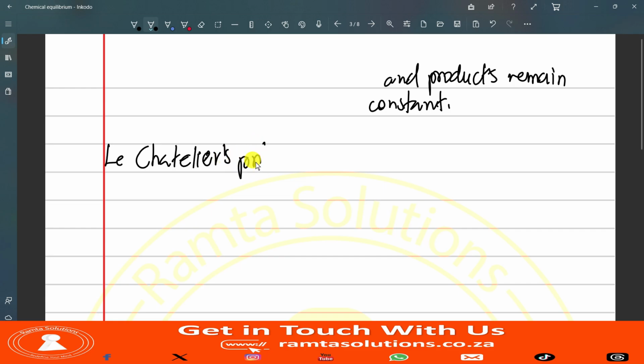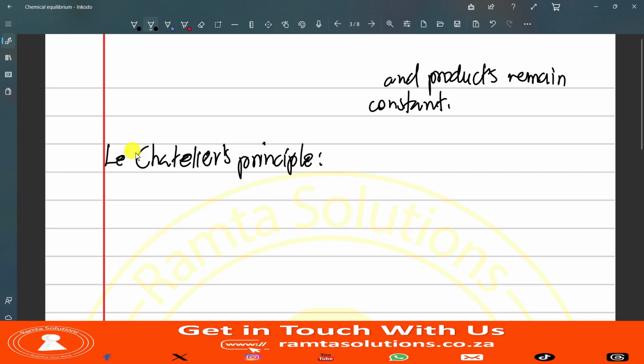This is the principle we need to know by heart. But because we don't speak French, we must say it as le Chatelier's. I know it's spelled LE, but we must read it as lo.